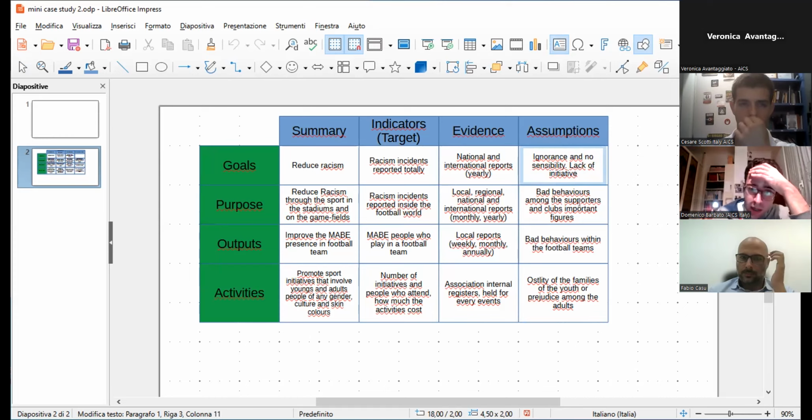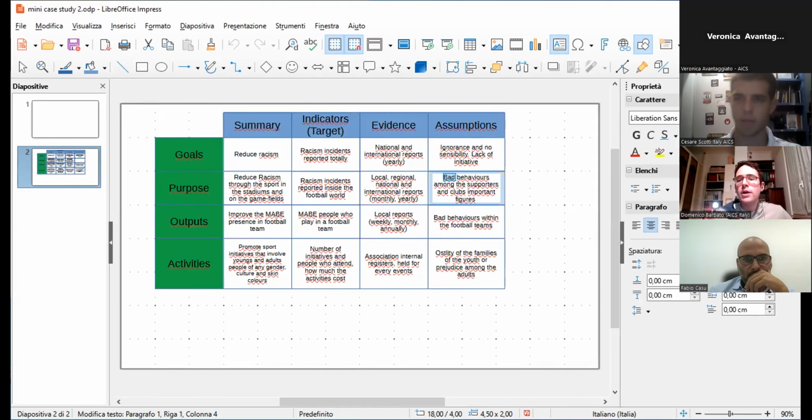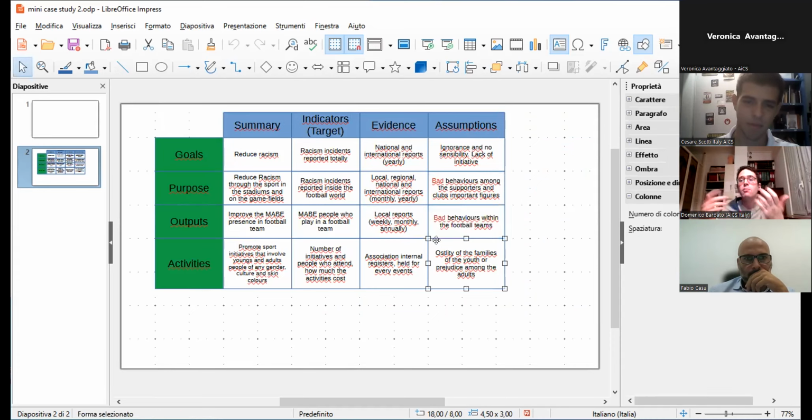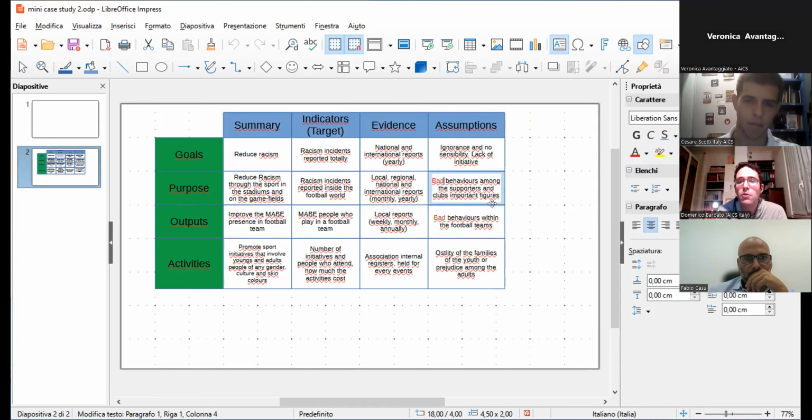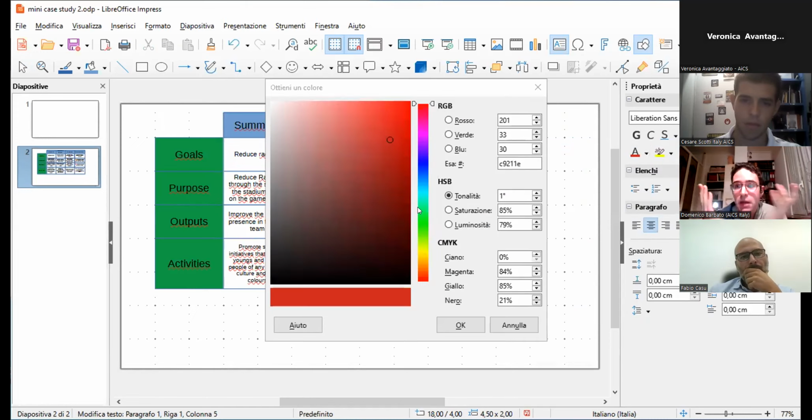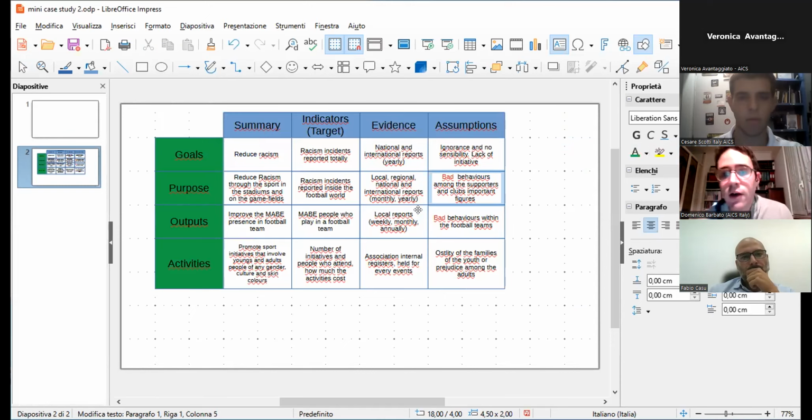Yeah, I think so. And on the purpose part, good behaviors among the supporters and clubs, important figures, maybe also some common practical best practice among clubs that can reduce racism in sports. For example, maybe I was thinking about some clubs that were made by only refugees, maybe something connected with this.